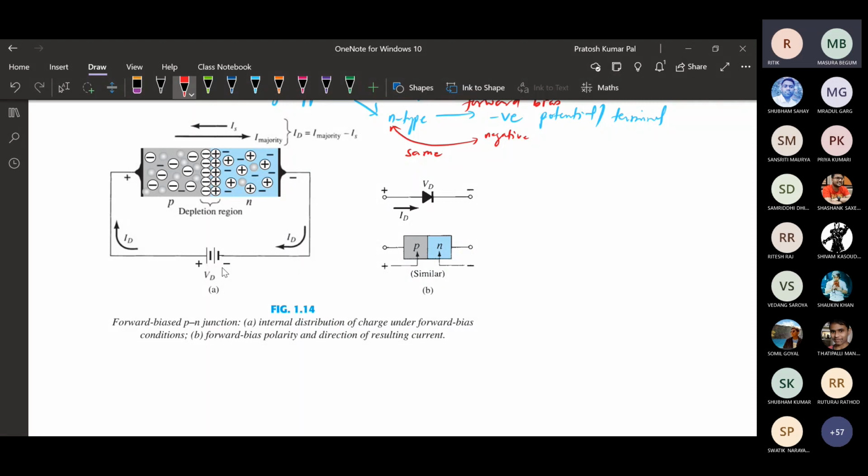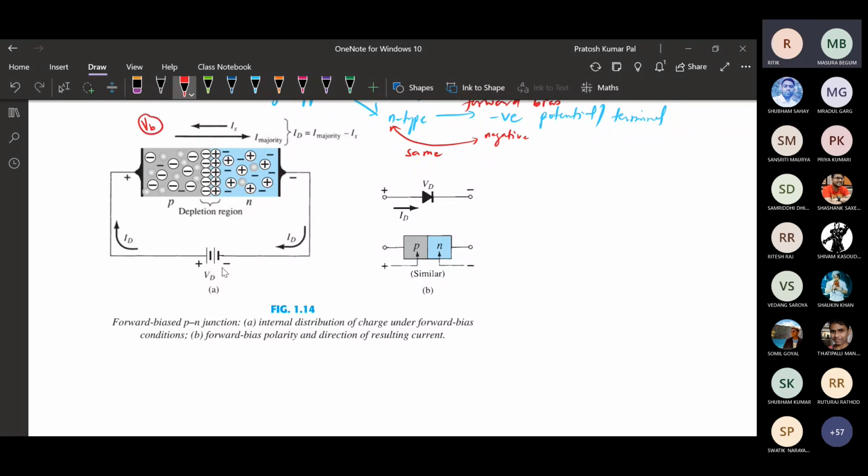Also, in that case, we have applied the positive terminal here, and holes are there in the P type region, in majority. These holes will be repelled so that they will be crossing the junction. Initially they are unable to cross the junction because they are unable to overcome this barrier voltage.